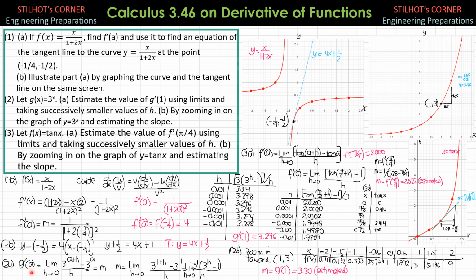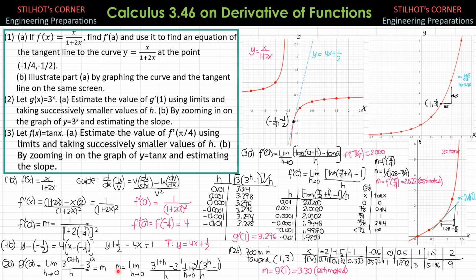So g prime of a is the limit of 3 to the, we replace this by a plus delta x, or x plus delta x, in particular a plus h, then minus 3 to the a all over h, because we have g prime of a here, but h approaches 0. So that's the slope using limits.